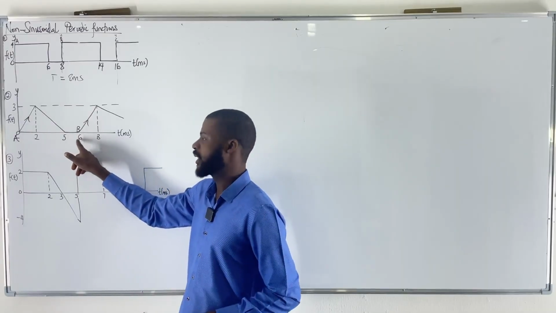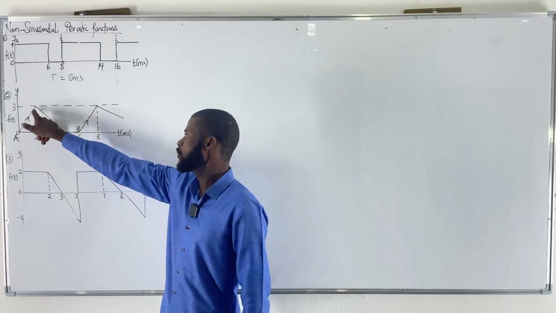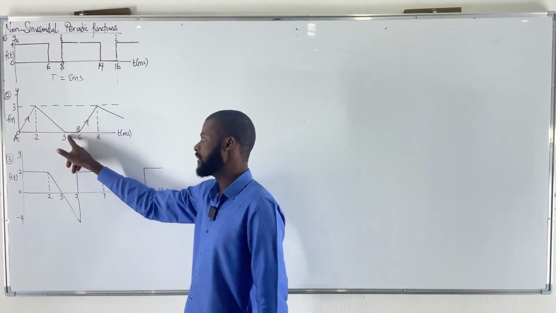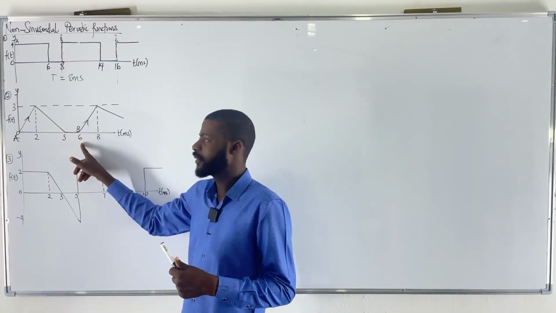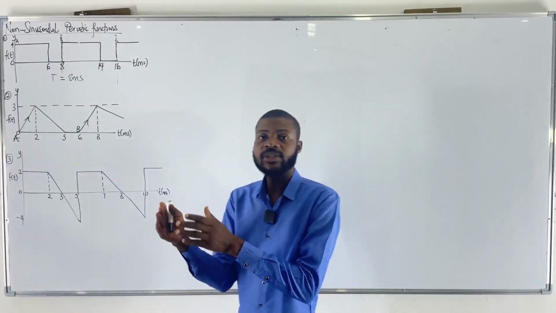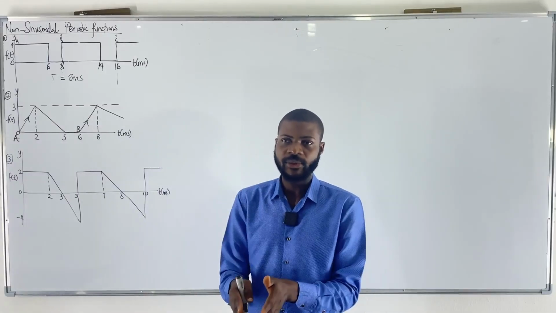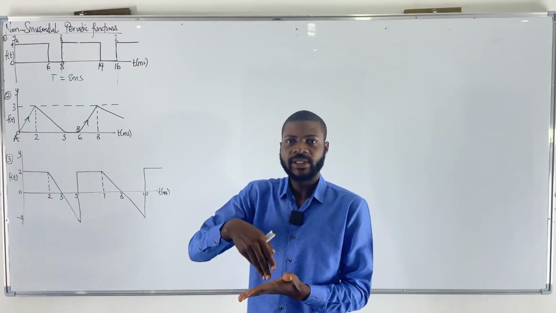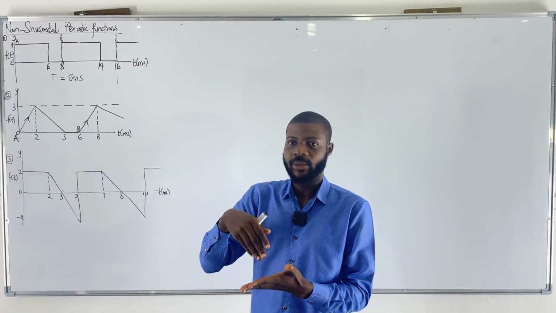But let's take a look at this is 2, right? When it got to 2, it started coming down. So since we said 6 is the period, if we add 6 to this, because if you add multiples of a period to a function, you will get the same function. So you get the same location, the same point you are trying to calculate.